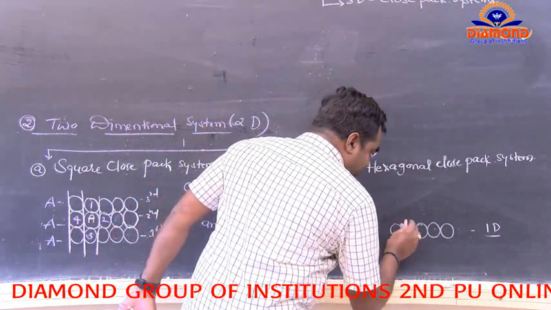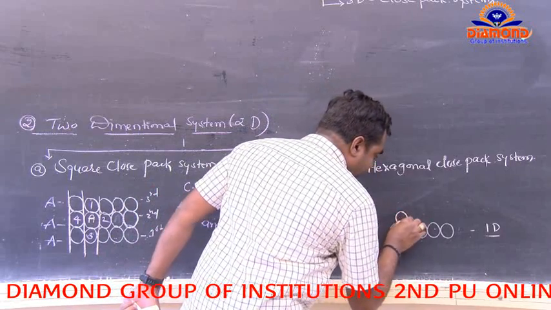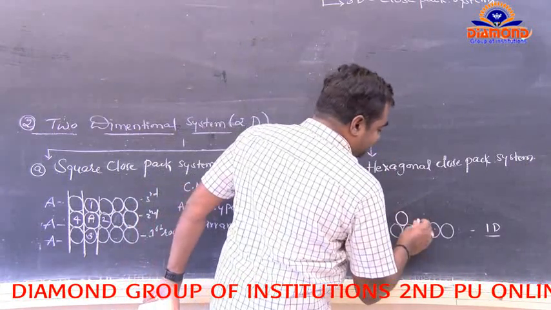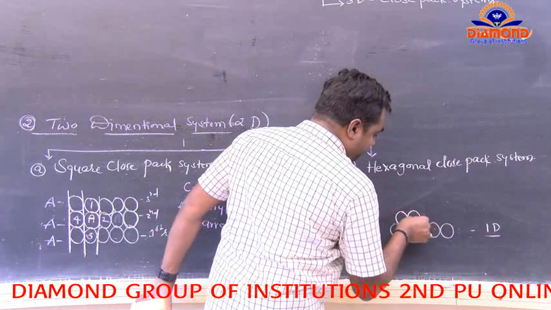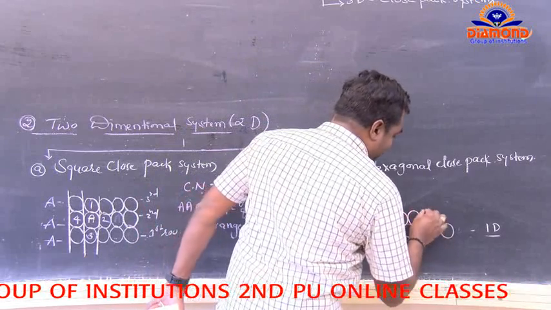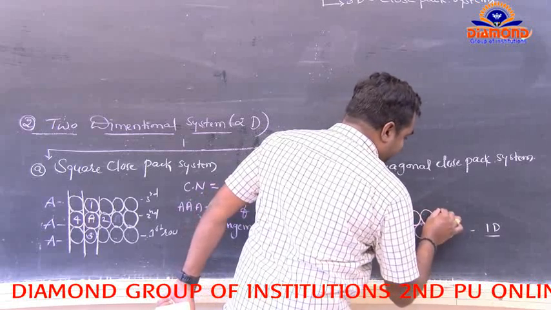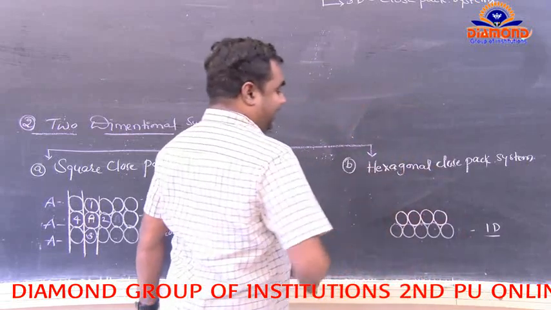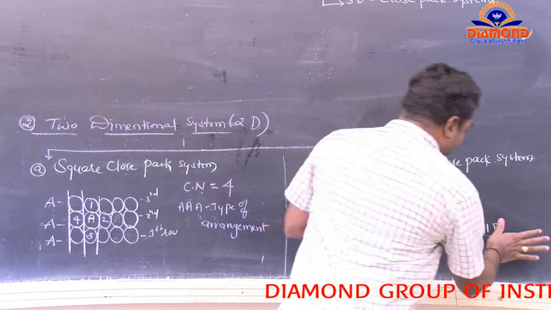In between these two, we get an atom. Again, in between these two, we get an atom. Next, in between these two, we get an atom. So it is the arrangement of the atoms.